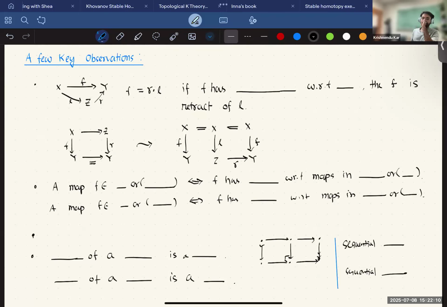Yeah, how? Let's see it. So this is your diagram of a cofibration. Let's give this diagram object names. So this is your A, this is your B, this is your C, this is your D. Call this P, call this Q. So D is your push out of this diagram. A to C is your cofibration. Now I want to show this B to D is a cofibration. That's what it means, right? Push out of a cofibration is a cofibration.